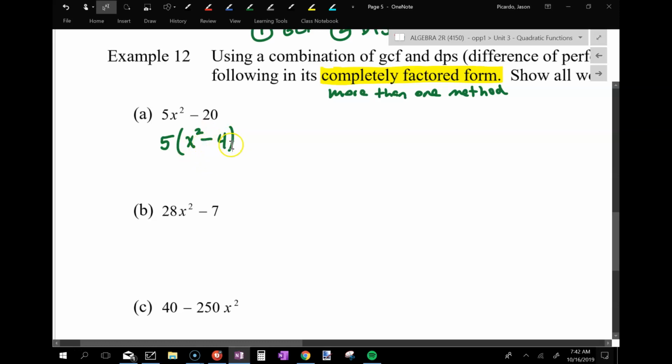Is x squared minus 4 a DPS? 2 terms, subtracting, all perfect. Yeah. So what do I have? I have the 5, and now instead of 1 set, I have 2 sets with a plus and a minus. What am I going to have? I'm going to have x plus 2, and I'm going to have x minus 2. So that was a 2-step problem. That was a GCF followed by a DPS.